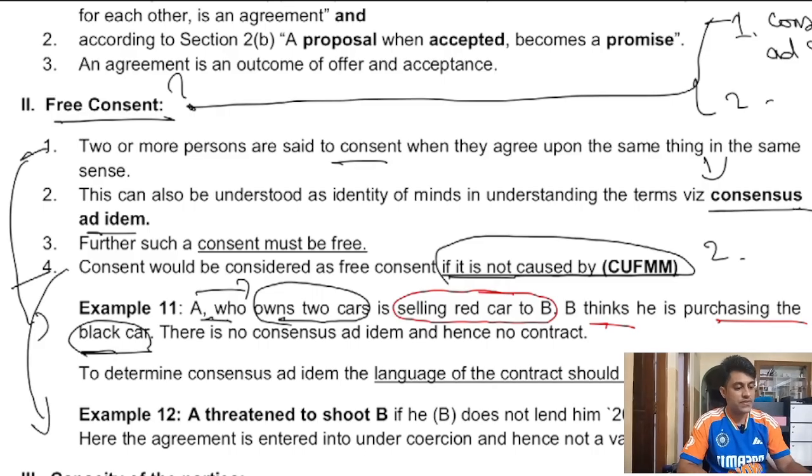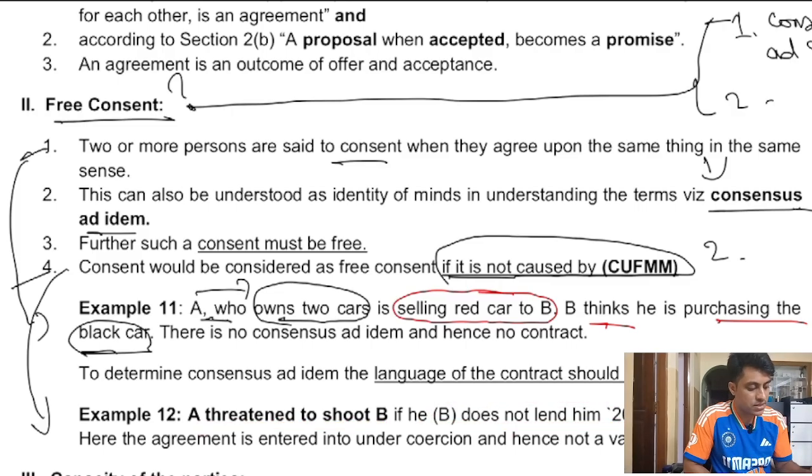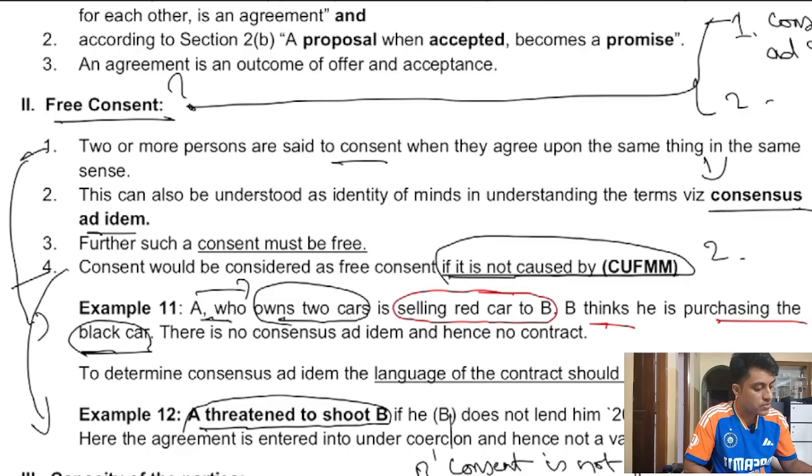Example 12, what it says: A threatened to shoot B if B does not lend him 2000. So if you see here, A threatened to shoot B. So that means here B's consent is not free. It is caused by one of the elements of CUFM.